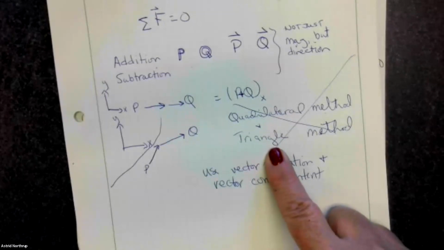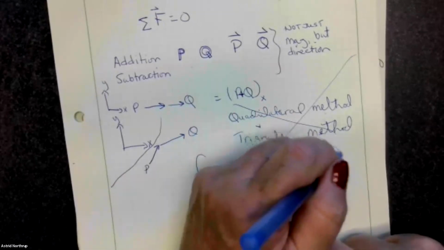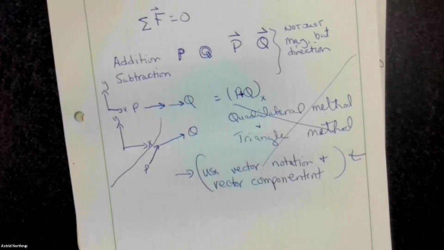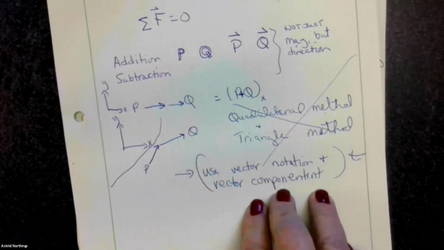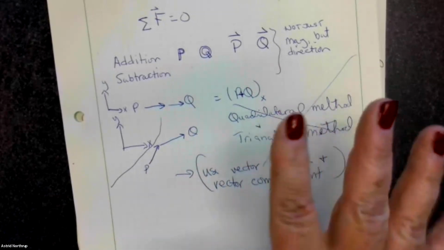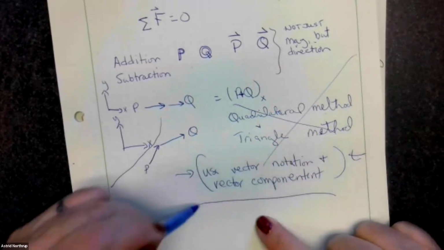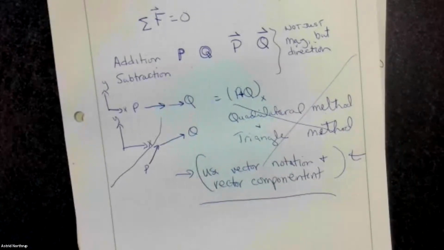And after a short amount of time, we're going to be working with three-dimensional vectors. This is basically the only method that will work, that we can just extend one little thought process and turn two-dimensional analysis into a three-dimensional analysis. So in other words, this has legs, this goes somewhere, this just dead ends. So unless we were drafters, in which case if we were drafting, we would use these. But for engineers, this is the best way to do it.